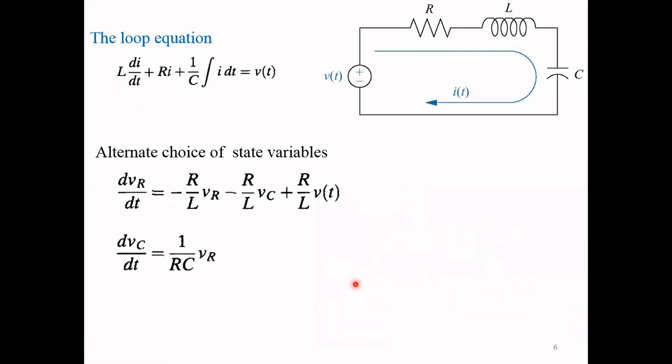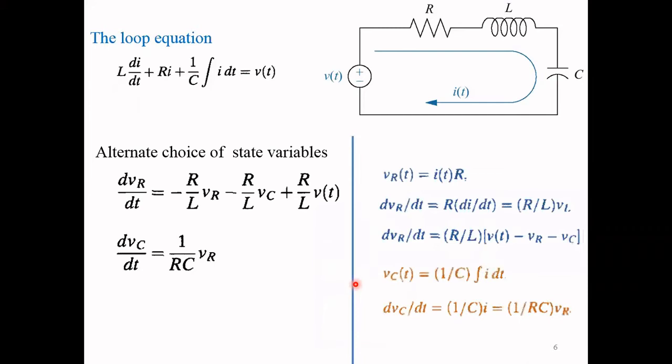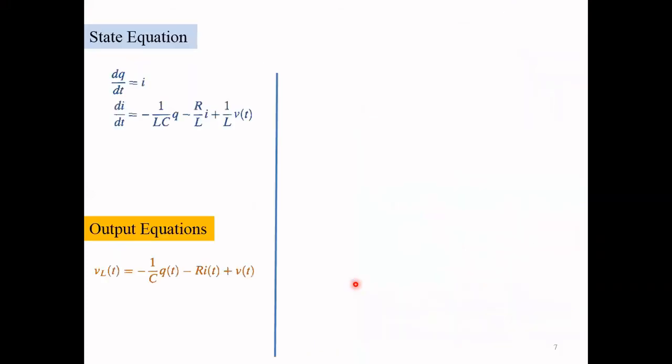Now this is the alternate choice in terms of V of R. This is again optional because we will use the current and charge as state variables. These are our state equations, two first order differential equations, and this is our output equation.